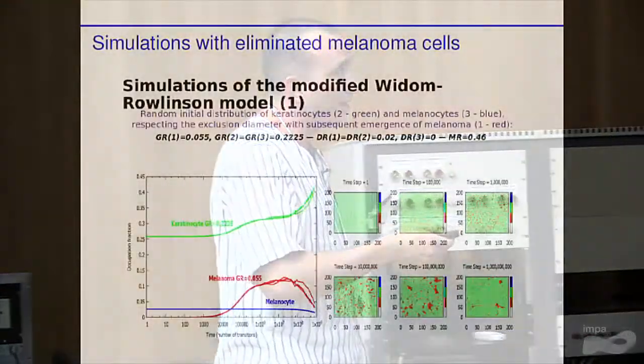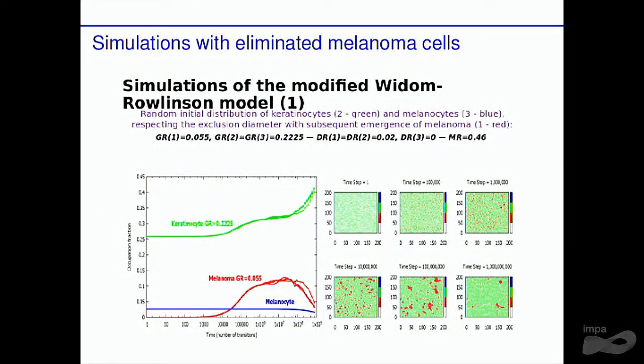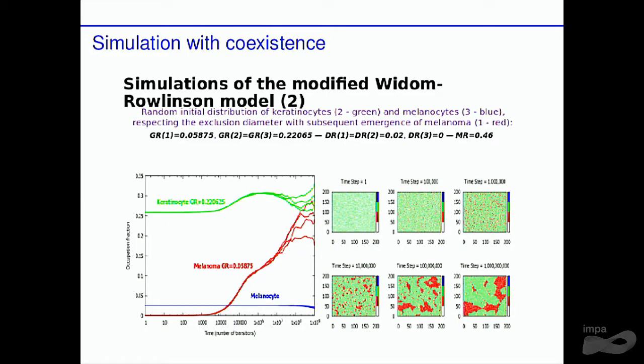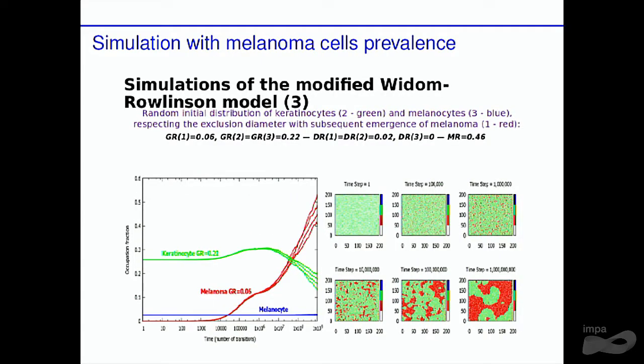We have some preliminary results. We show that there are some conditions where, depending on the duplication rate of the melanoma, it may not be sufficient for the melanoma to become prevalent in a given tissue. However, it doesn't need to be the biggest division rate. You see it is much smaller than the division rate of both keratinocyte and melanocyte, but it is enough for the melanoma cell to be prevalent.